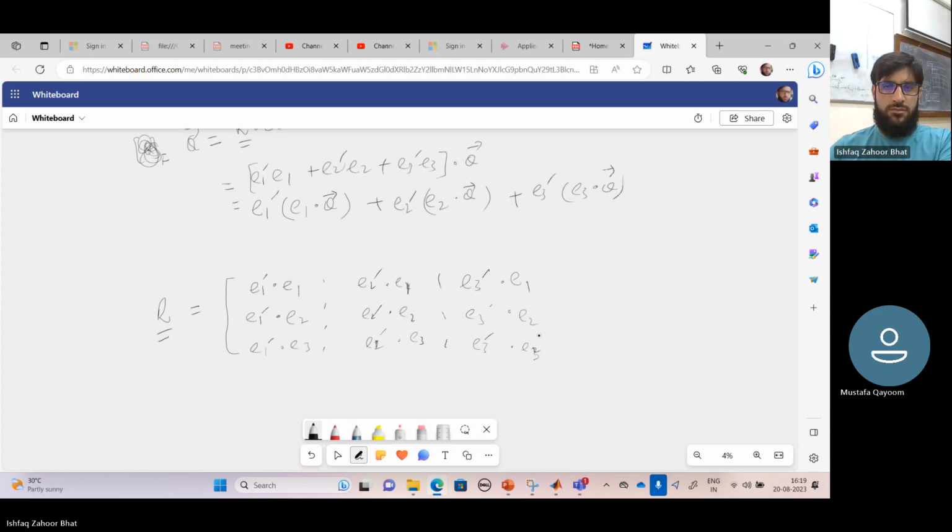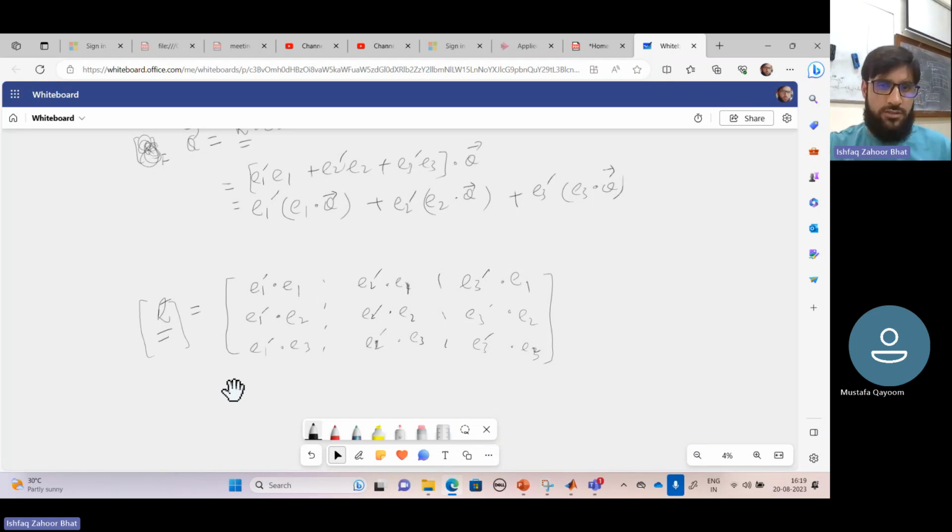Okay, so this is the rotation matrix represented in terms of the components.